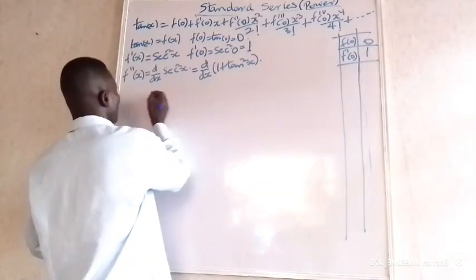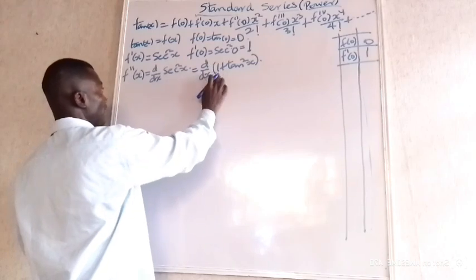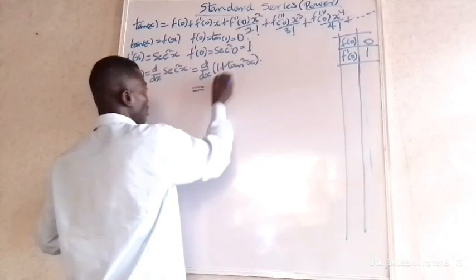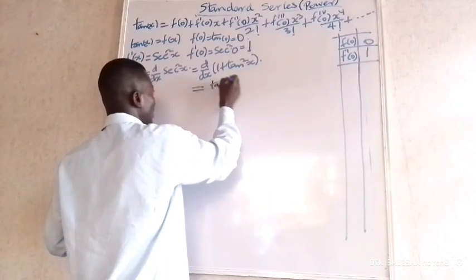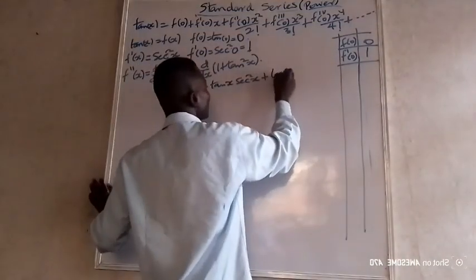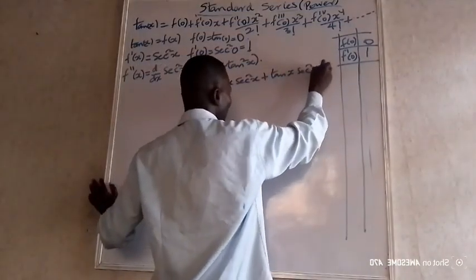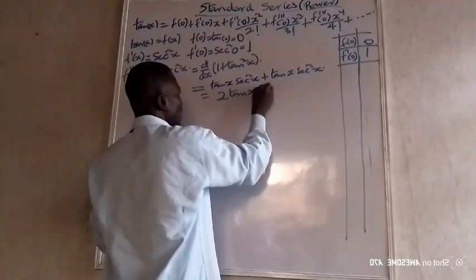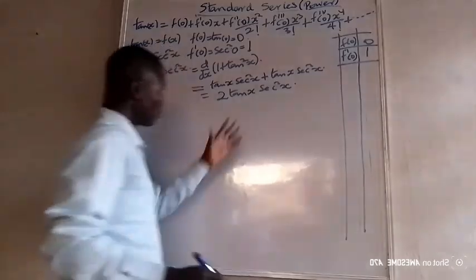So it's going to be like this. The first one is 0, and to differentiate this, it will be tan x sec square x. So this one is just going to give us tan x sec square x plus tan x sec square x. Just to make it simple, it's going to be 2 tan x sec square x. That is how it is.